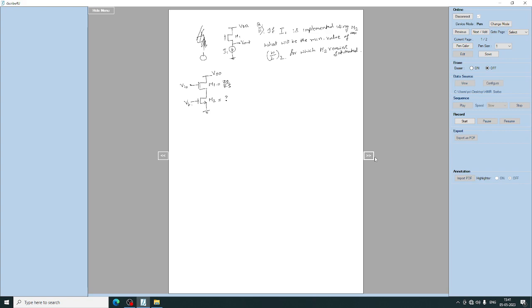Okay, so now coming to the second question, the drain to source voltage of M2, which is nothing but V out, is equal to what we have obtained, 0.119.